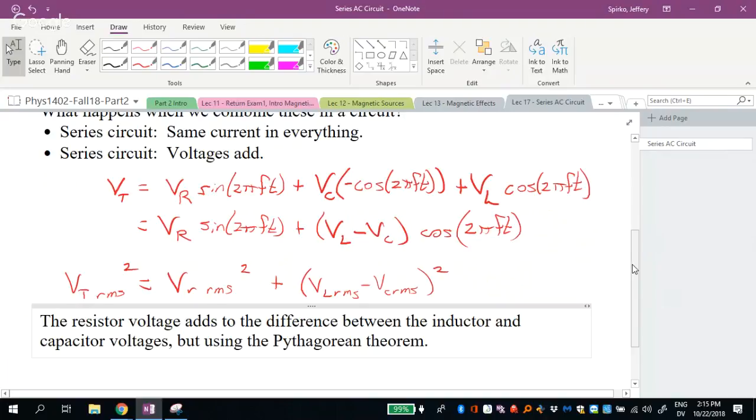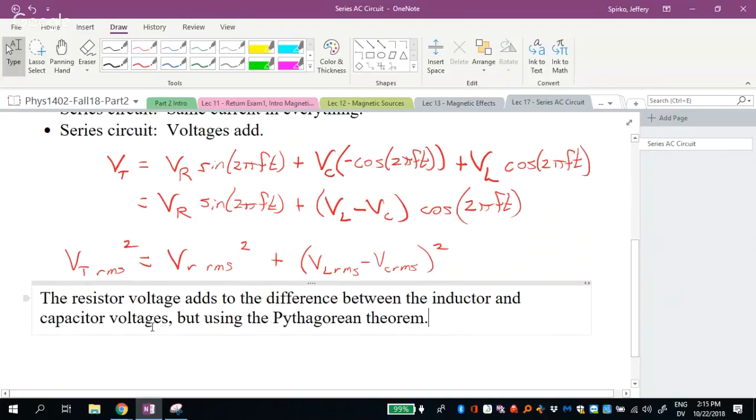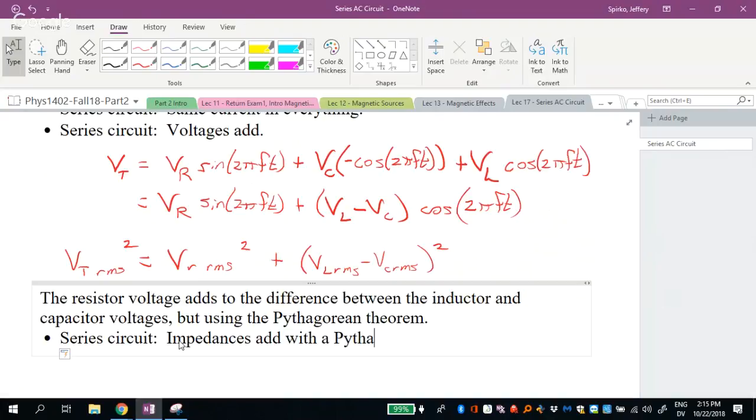So how do we adapt this into an impedance rule for the series circuit? Well, the impedances are going to add the same way. I don't know if you remember a long time ago, we did series resistors, and I said the voltages add in series resistors.